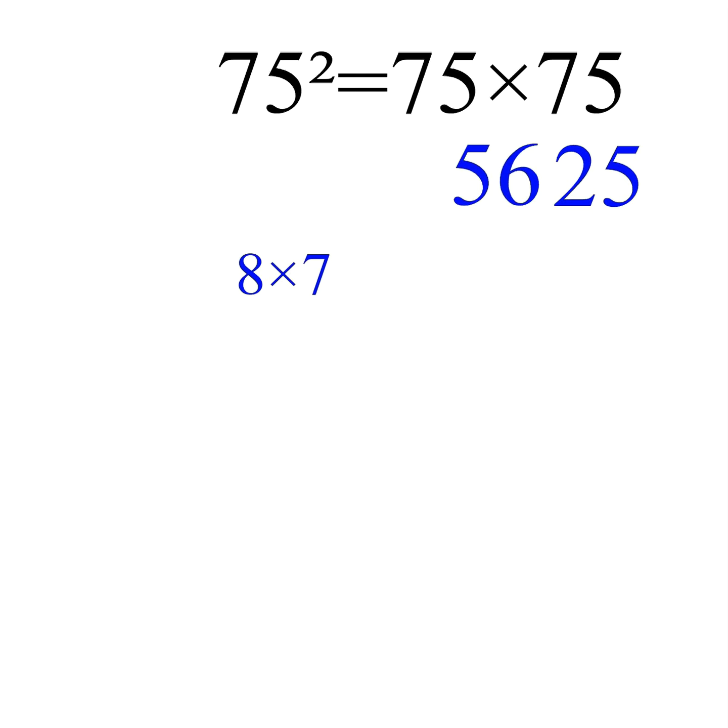And we're done. So to square the numbers ending in 5, we write down 25 and we multiply the number preceding 5 into its next integer. For instance, here we multiplied 7 into 8 and we wrote down the answer next to 25.